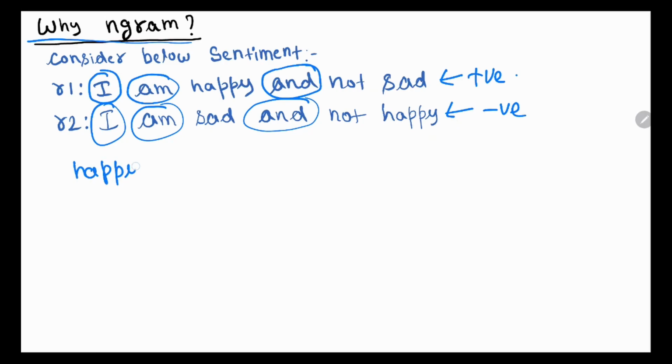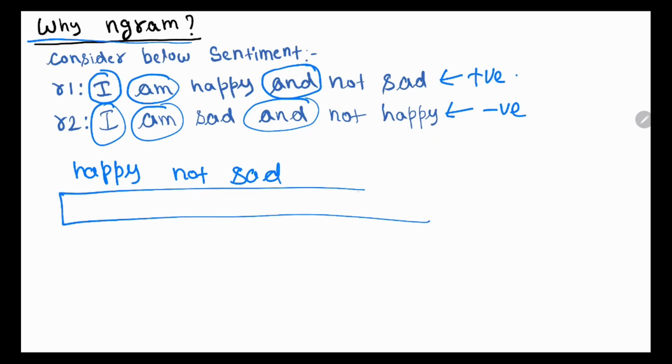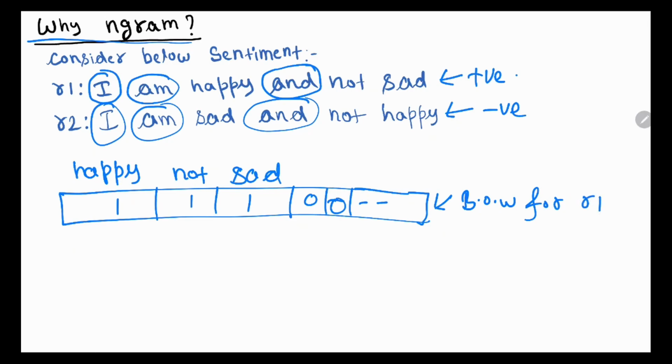It will be like: happy, not, sad. We are considering unigram. Happy one time, not one time, sad one time, and so on. So this is the bag of words for R1. Let's construct the bag of words for R2 and see what happened.